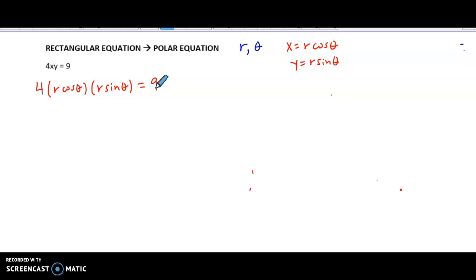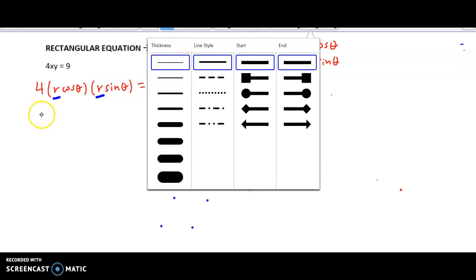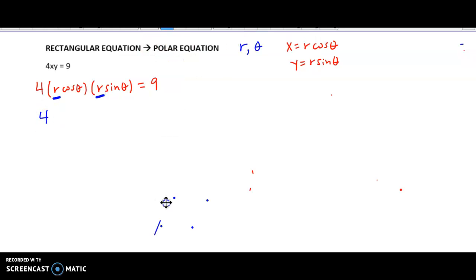I'm going to clean this up just a little bit by multiplying the r's together. So I've got 4r squared, and then cosine theta times sine theta equals 9. That's it. That's all you have to do.